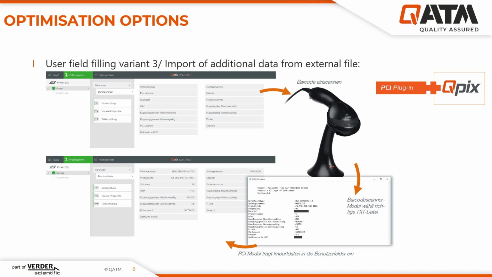The last one, or one of the last applications, will be the fully automatic test sequence. This is an import data interface in combination with a barcode scanner. This means we can scan a barcode.